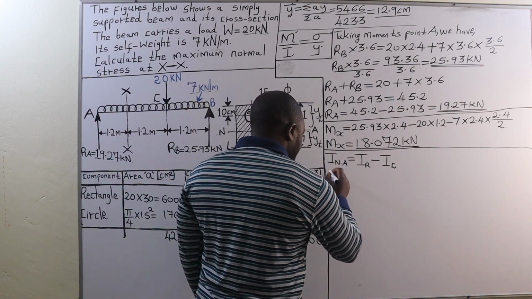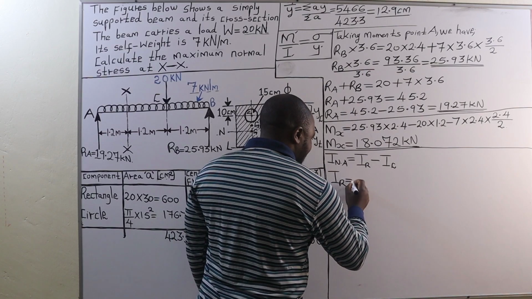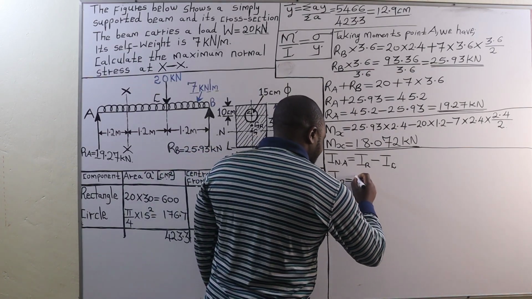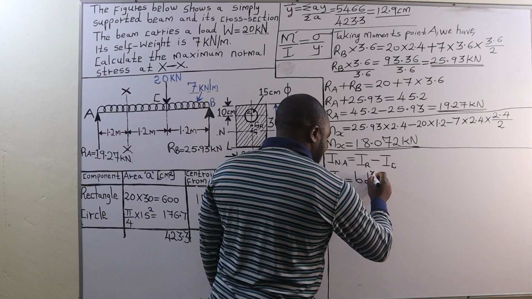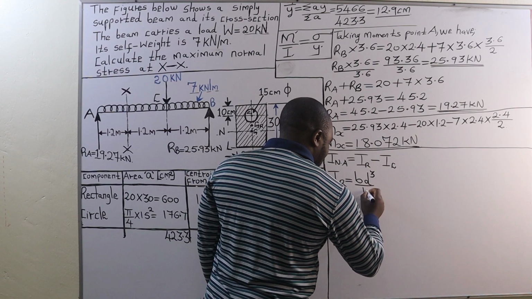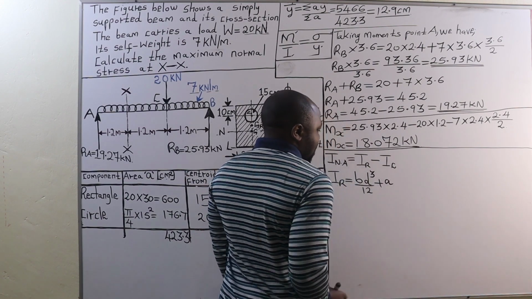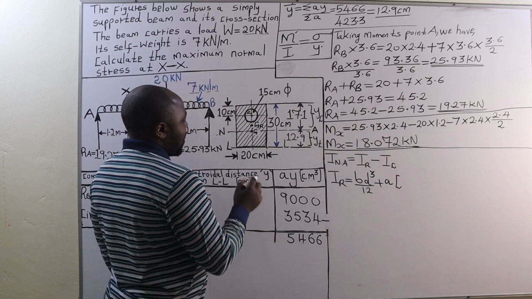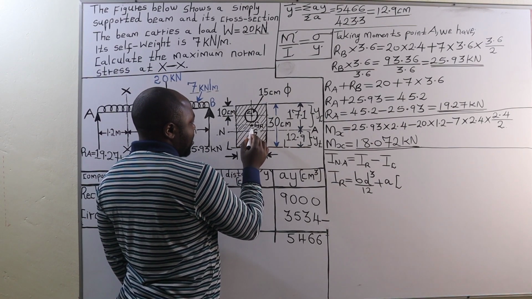Now, the moment of inertia of the rectangular section about the neutral axis will be given by the breadth of the rectangle multiplied by its depth cubed divided by 12 plus its area into the size of this elemental strip here.